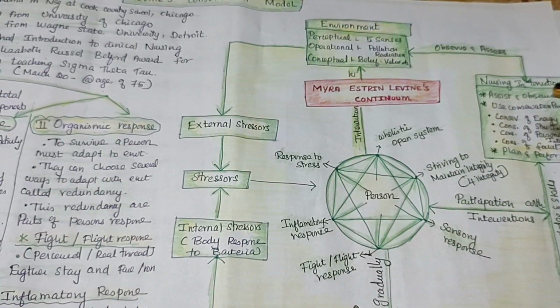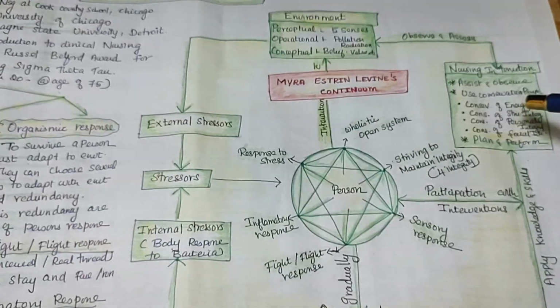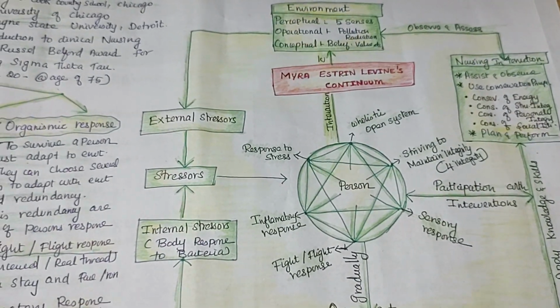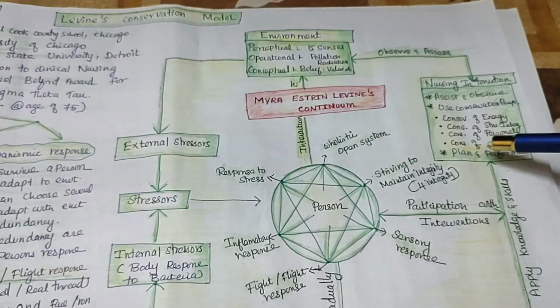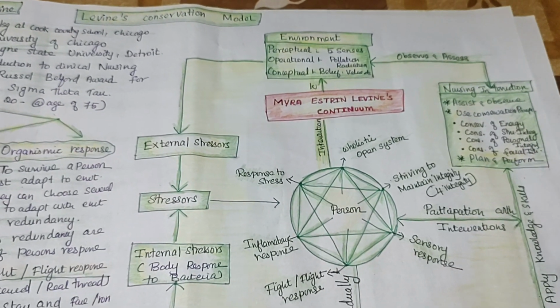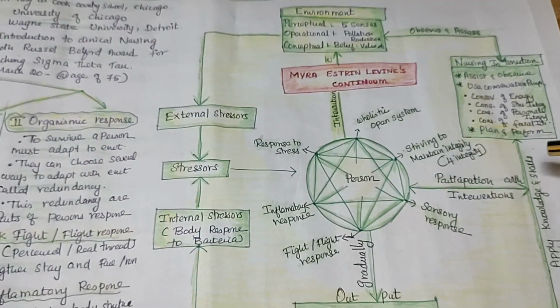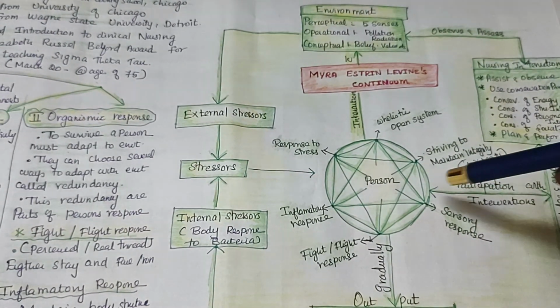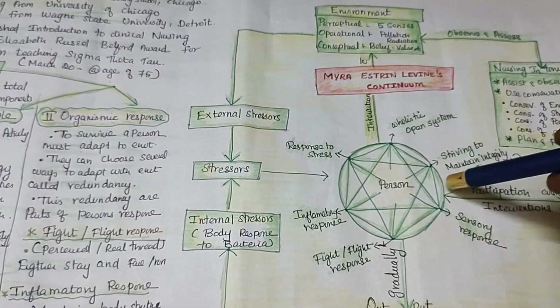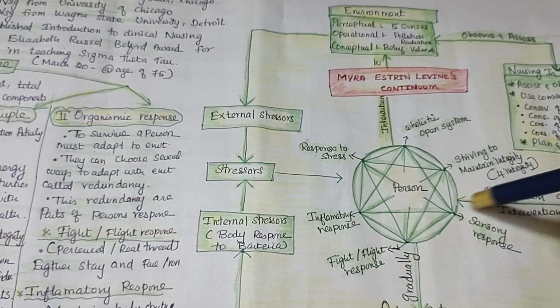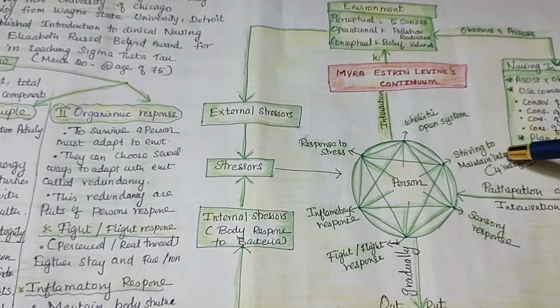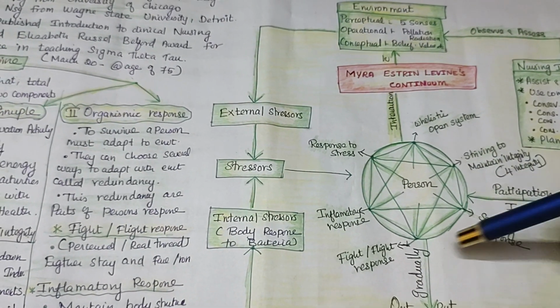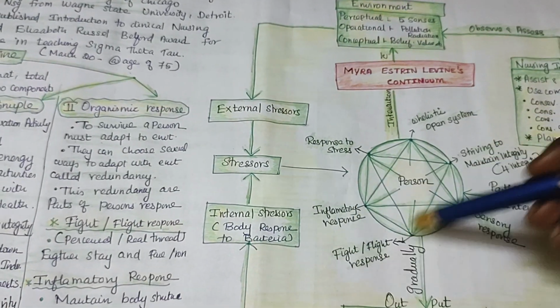In this principle, you have to understand at which point he is striving to adapt and where he cannot adapt. So you apply your knowledge and skills and any technique, make him participate in your intervention, and help him to adapt, striving to achieve the integrity.